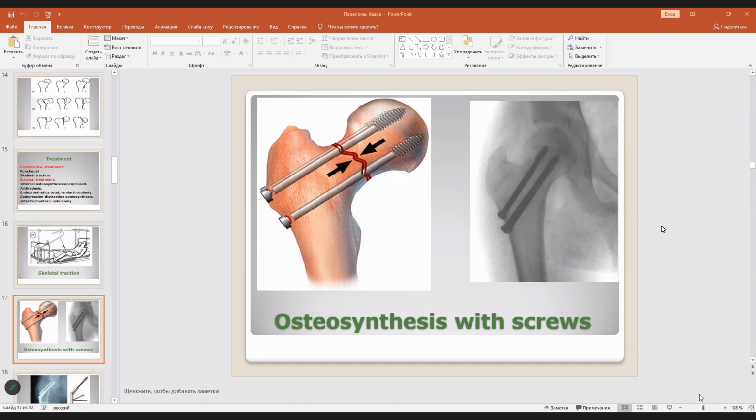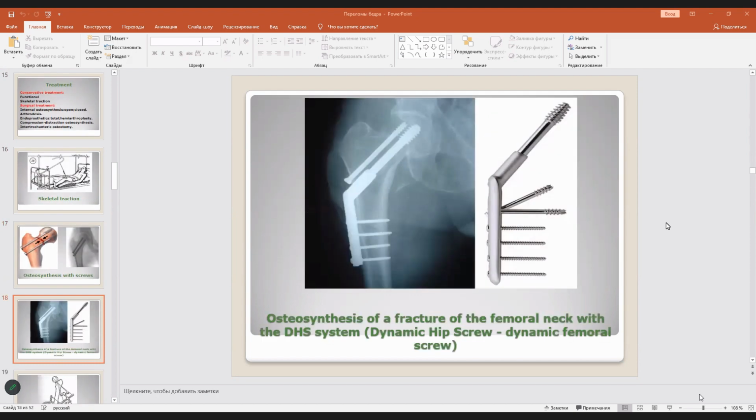For example, osteosynthesis with a screw; we can use 3 screws. Osteosynthesis of fracture of the femoral neck with a dynamic hip screw DHS system, and screw on the X-ray picture.